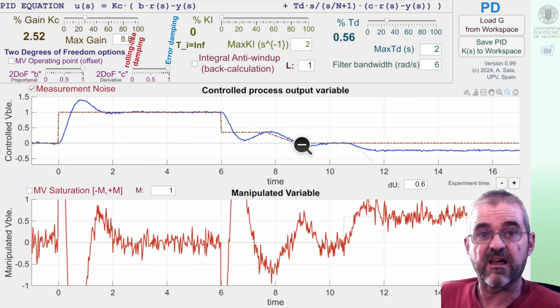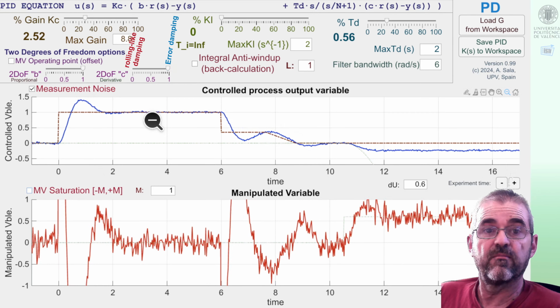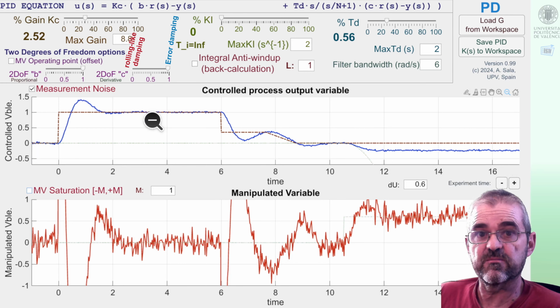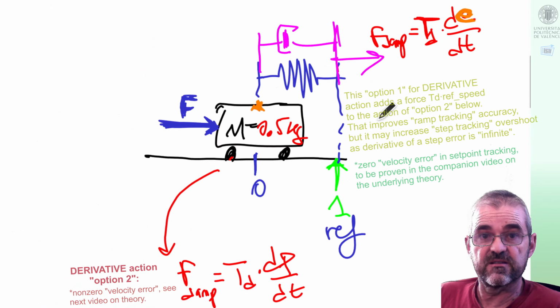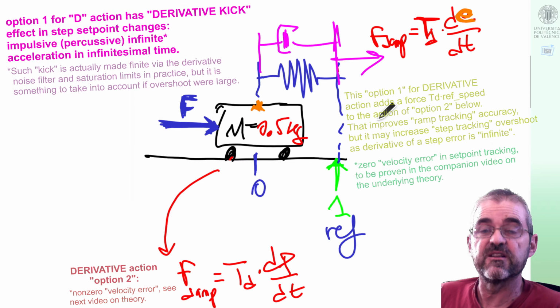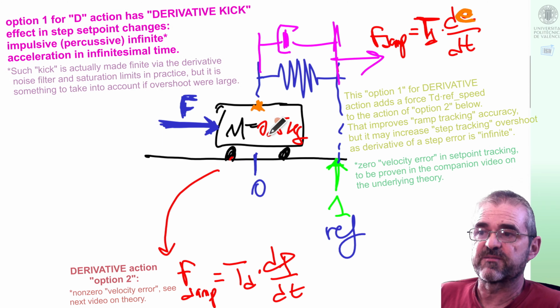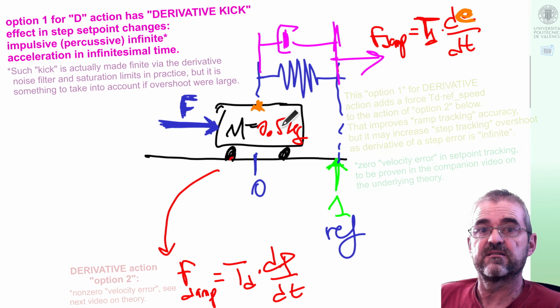this much better ramp tracking involves a much higher overshoot when having step setpoint changes. There is one strange effect: a step setpoint change means an infinite speed change in just an infinitesimal time. So this mass would in theory receive an impulsional infinite force when I have a step setpoint change. That is called derivative kick.